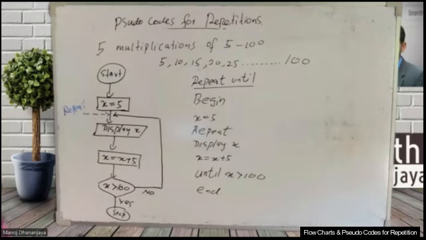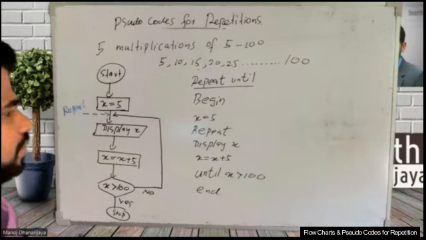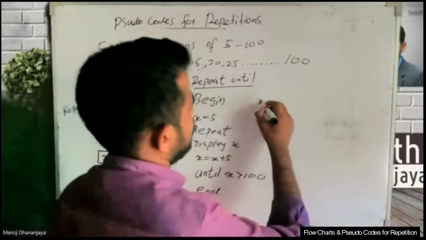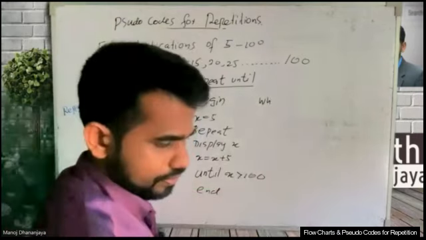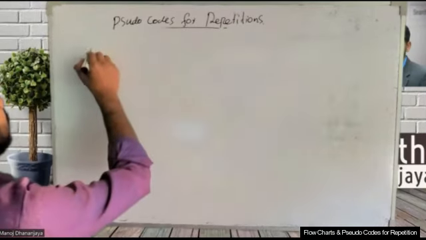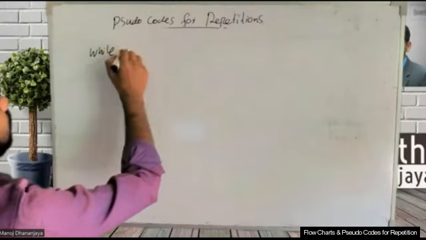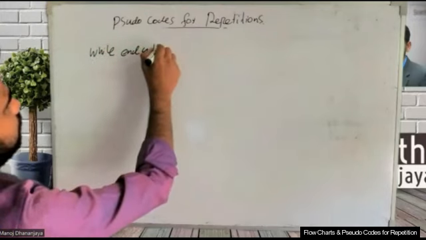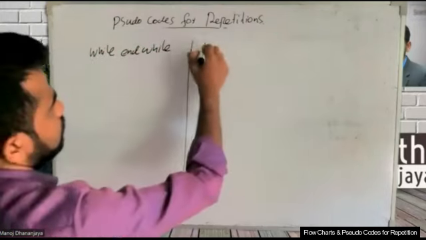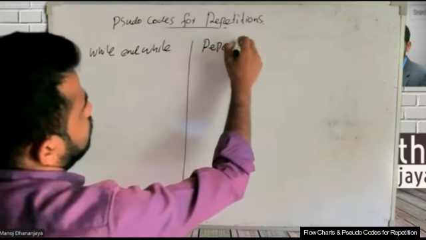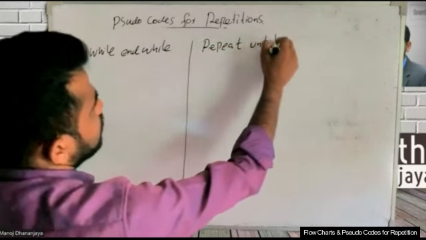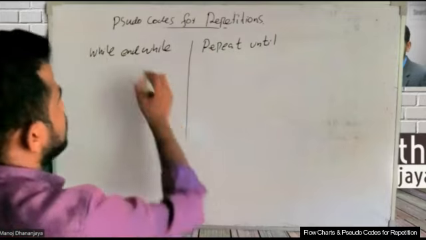Now we discuss what differences we can see in these two, while and repeat until. What are the differences? I will write them in a table also. While, repeat until. Only one or two differences can be there.